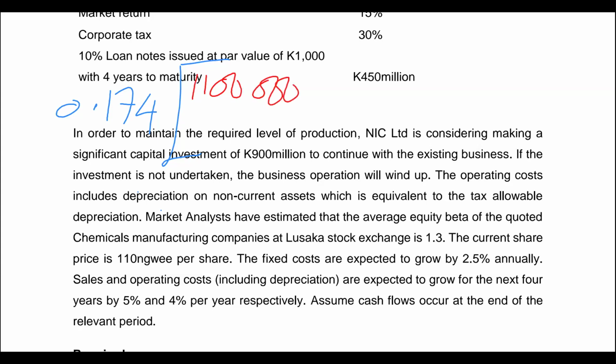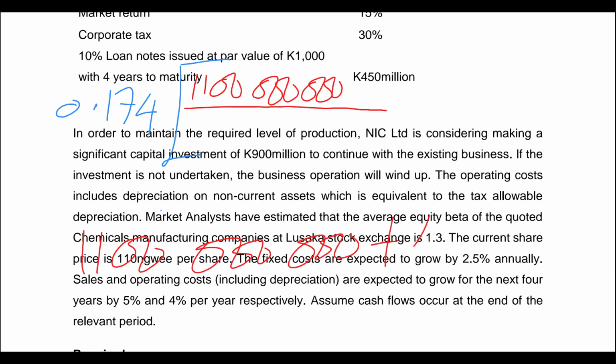Sir, I didn't even write it. Is it not 17.4? That's the same. Okay, we put it in decimals. All right. What is the sum of 1.1 billion plus 450 million?